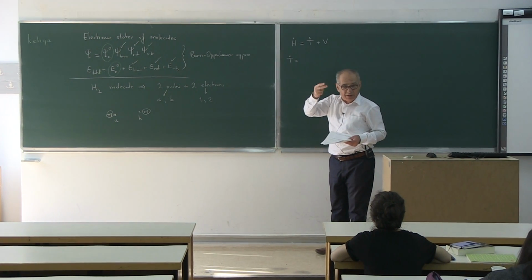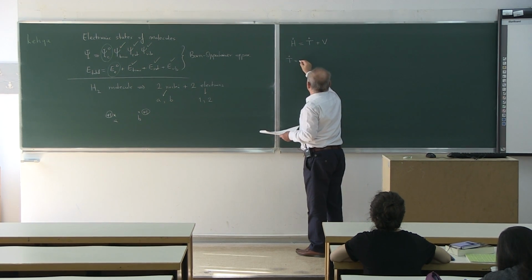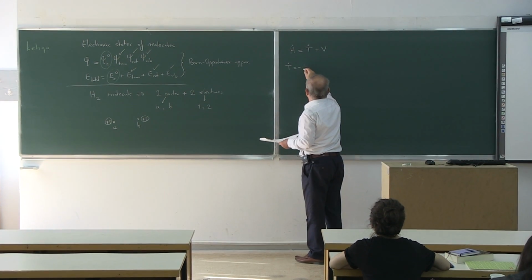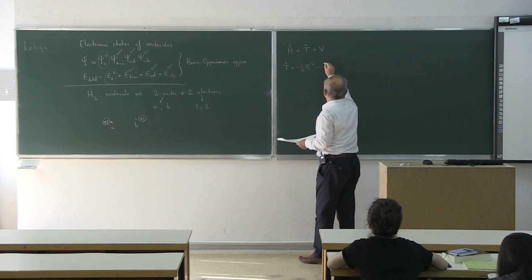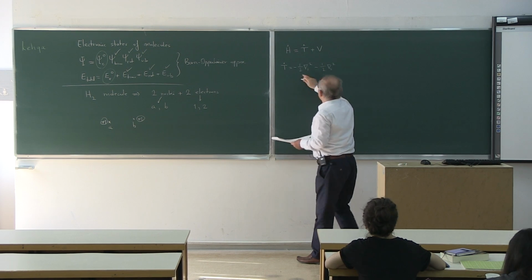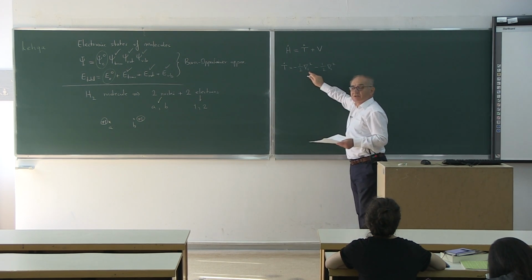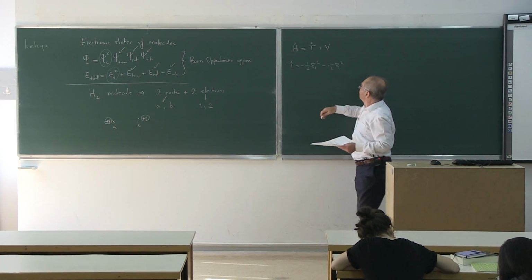We have just two electrons. So the expression for kinetic energy is -1/2 del 1 square minus 1/2 del 2 square. This is the kinetic energy for the first electron, and this is for the second electron.